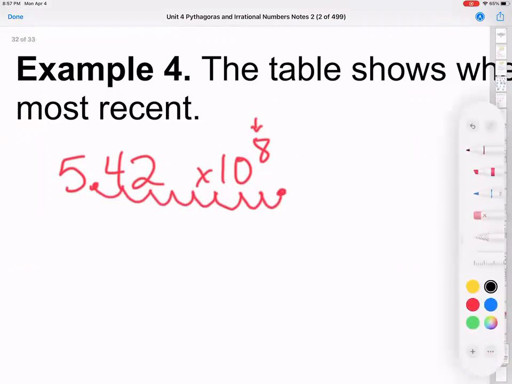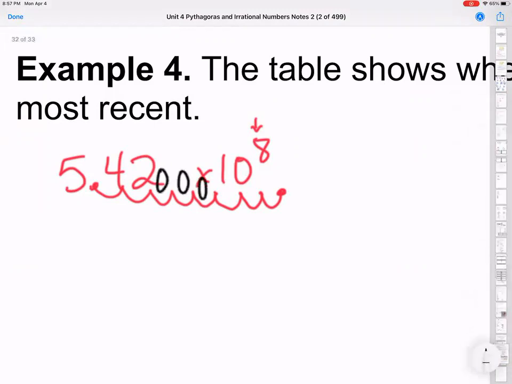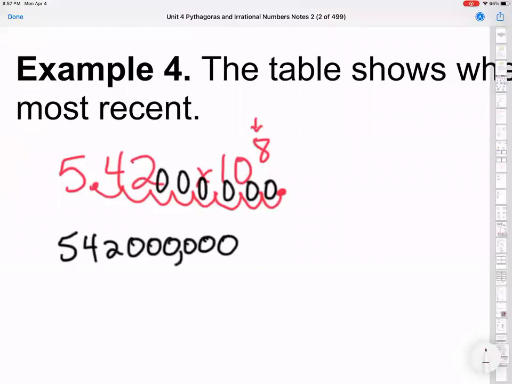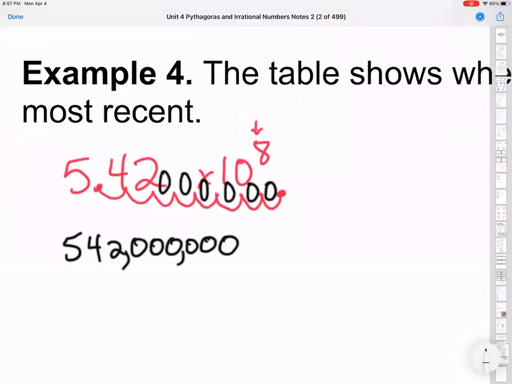Then I would include those zeros where they belong. I ended up with 542 and then 6 zeros afterwards. So 542 million years ago was that period.